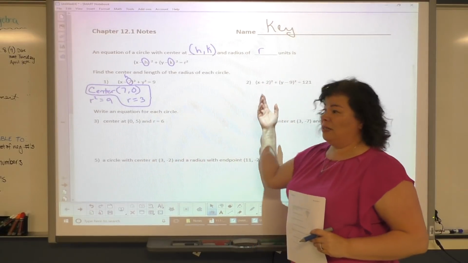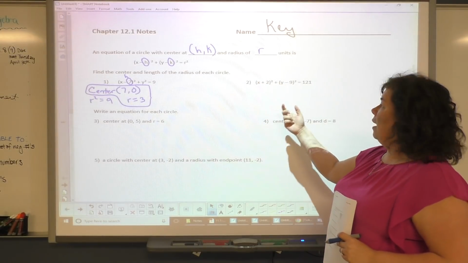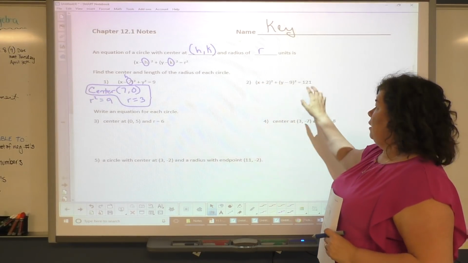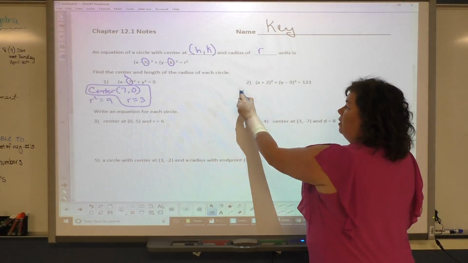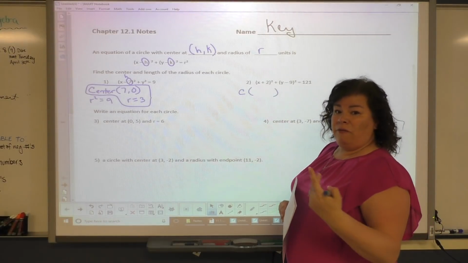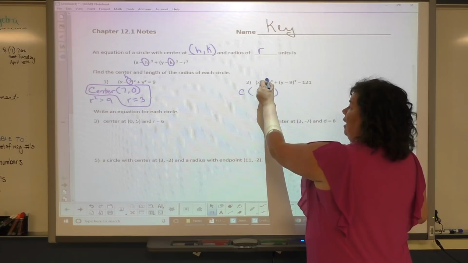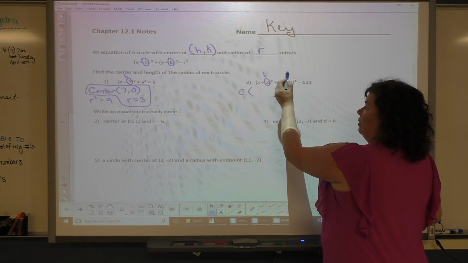So let's look at this example. Here we have x plus 2 quantity squared plus y minus 9 quantity squared equals radius squared. All right? So remember, to identify our center, we're taking the opposite value for h and k. So this is our h here, and this is our k here.